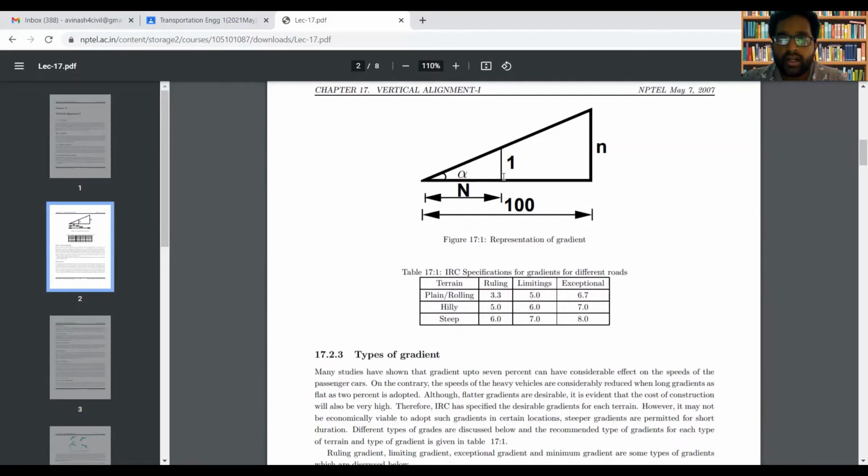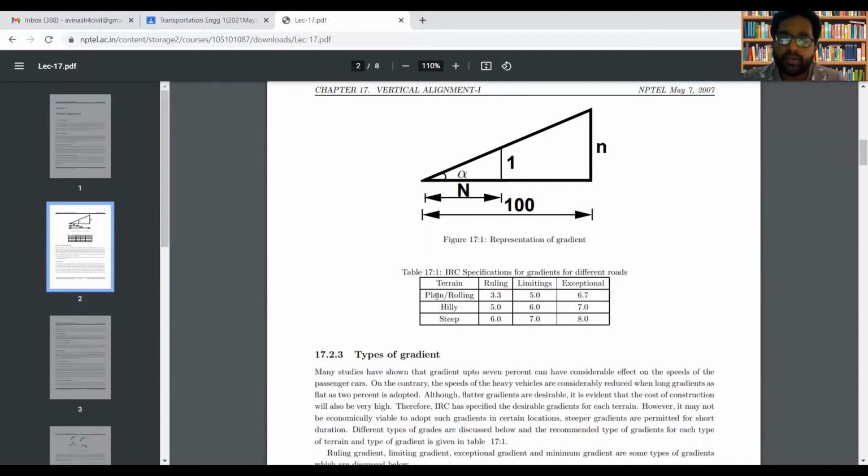For one vertical unit, it will be n horizontal units, 1 in n, and for n vertical units it will be 100. There are certain specifications from the Indian Roads Congress, IRC specifications, for gradients on different roads, depending on the terrain, may be plain or rolling terrain.